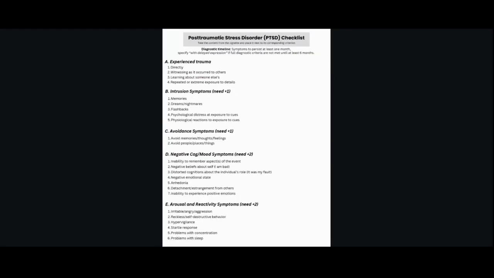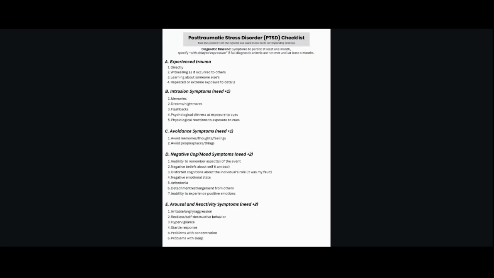Here's a PTSD checklist. I'm going to bring this into class and we will use this. And here's the acute stress disorder checklist. The clusters are different in PTSD versus acute stress disorder.